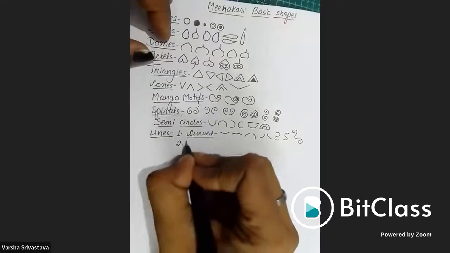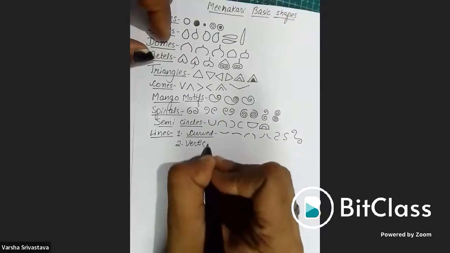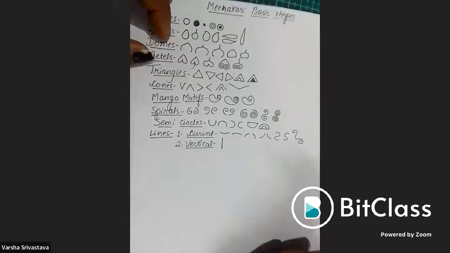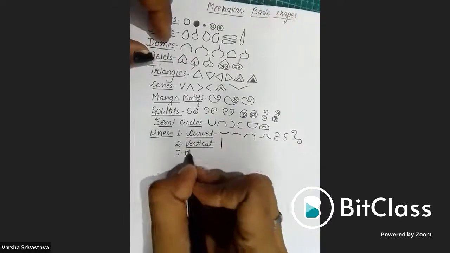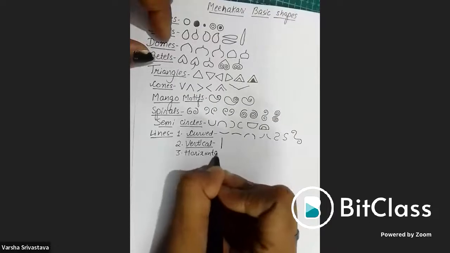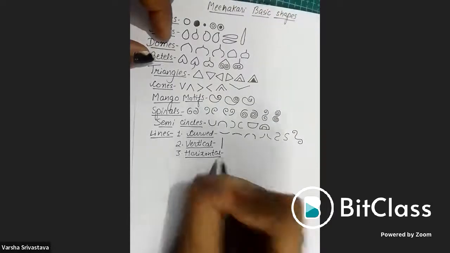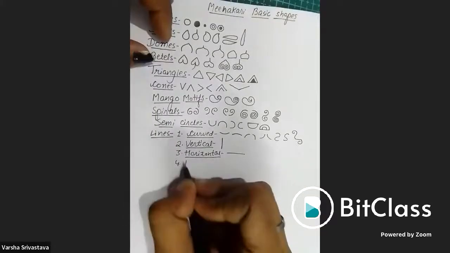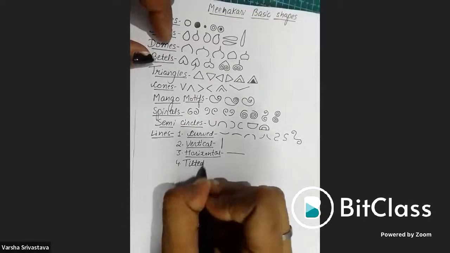Second is the vertical line. These are the simple lines now. Vertical or a straight line like this. Third is the horizontal. We have already made a lot of horizontal lines. A horizontal line, this. Fourth one, tilted or diagonals.